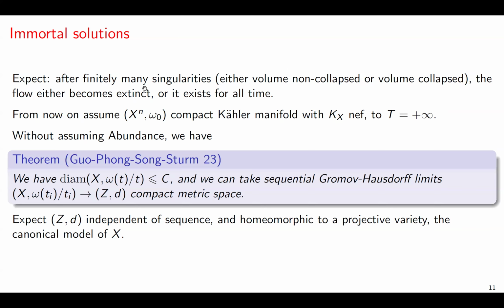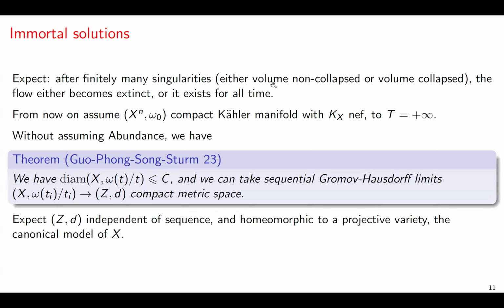So basically, if you believe all these previous slides, all the expectations, starting from an arbitrary initial metric on an arbitrary manifold and going through finitely many of these surgeries, either you end up with a point and you stop, or else you end up on a new manifold or variety, which may be lower dimensional if you had encountered a Fano fibration. And on this final manifold, the flow should exist for all time.